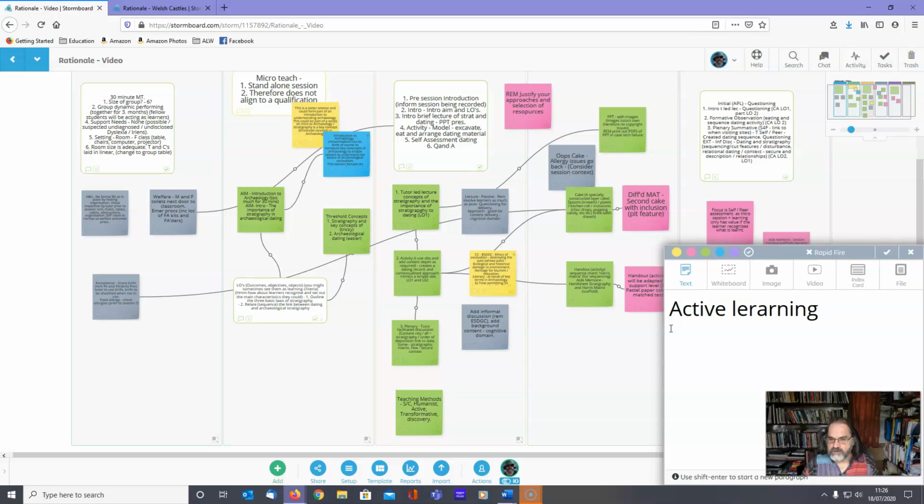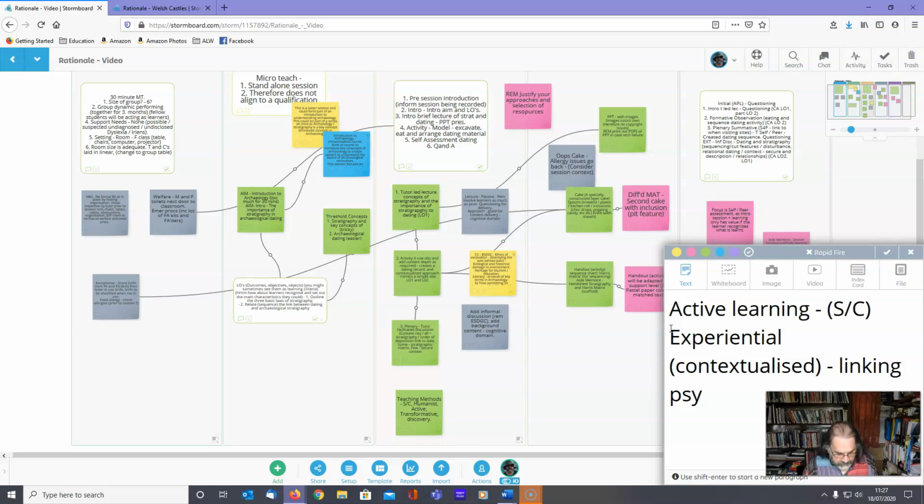this is active learning. The learners are actively doing it, which is a far more student-centered approach. It is also experiential because we're mimicking the experience, so it's contextualized-ish, and also because they're doing, we are linking to the psychomotor domain.